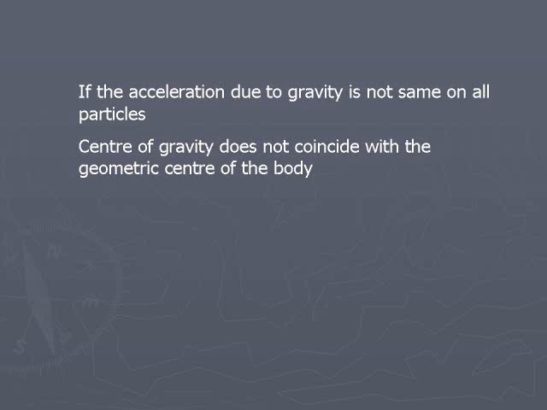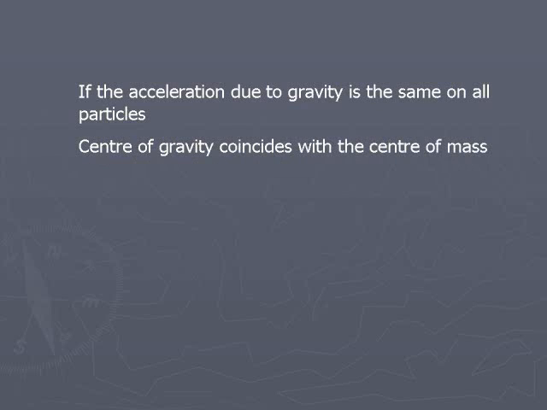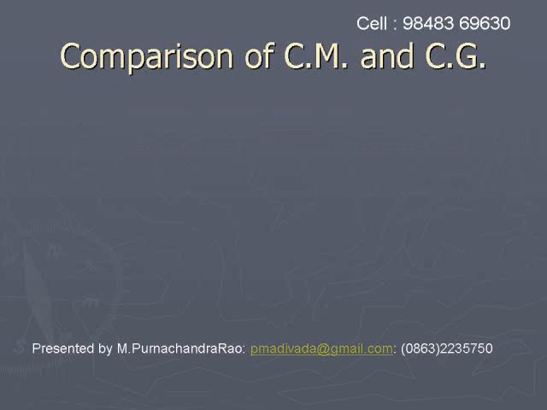If the acceleration due to gravity is uniform on all the particles, then the center of gravity coincides with the center of mass. If the acceleration due to gravity is different, then the center of gravity will be different from the center of mass.